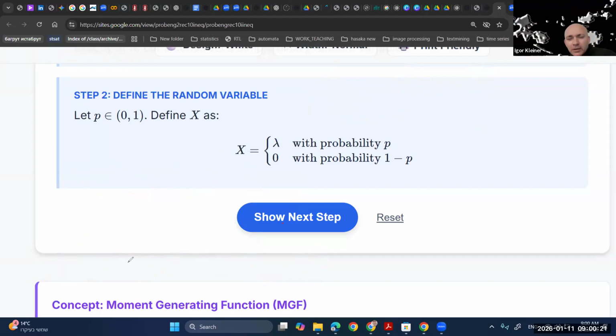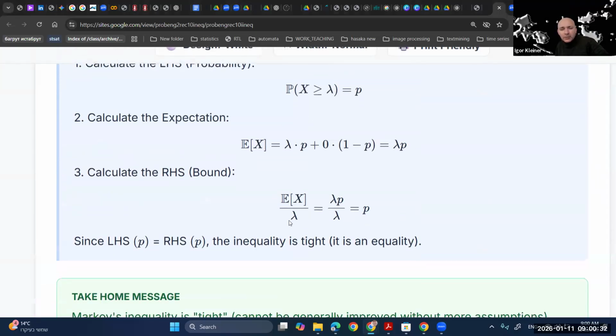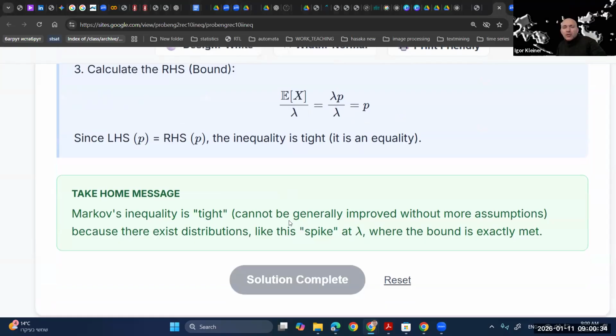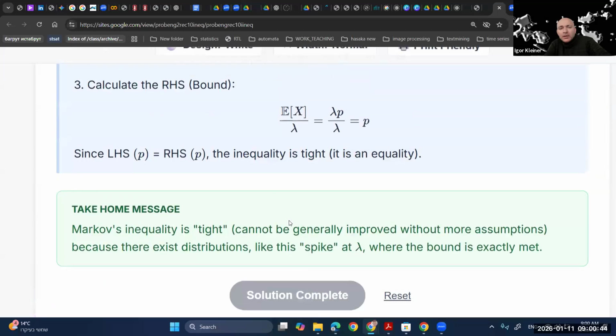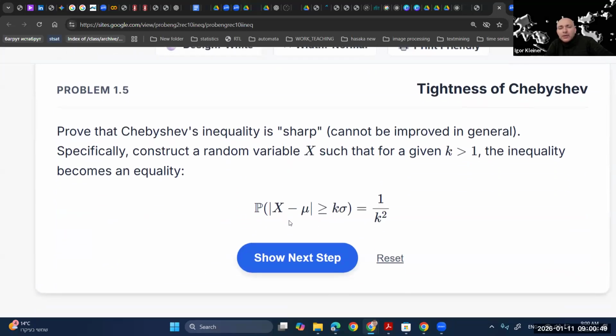Here you see, you can find the solution. Take home message: you can read it at home if you want. Markov inequality is tight; it's an impossible improvement. And now let's return to question 1.5.